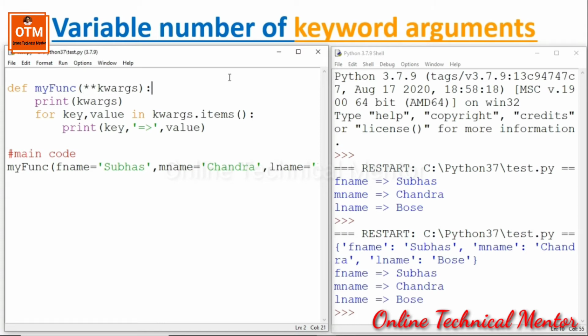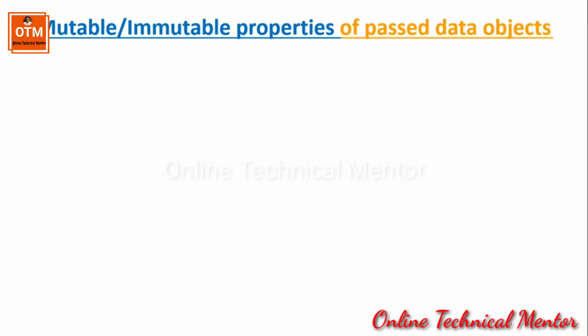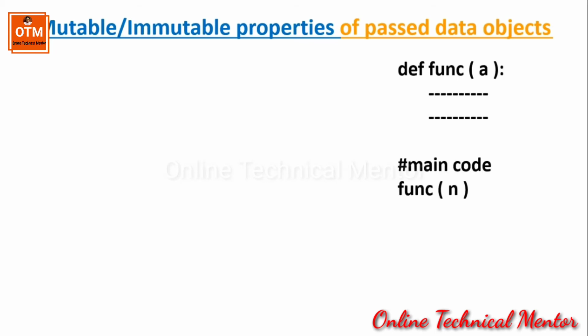Next, this is an important topic under functions in Python, that is the mutable and immutable properties of passed data objects. So first of all, let me show you this piece of code. Here a function has been defined, def FUNC, and it has a parameter a, and this function has some lines of code.